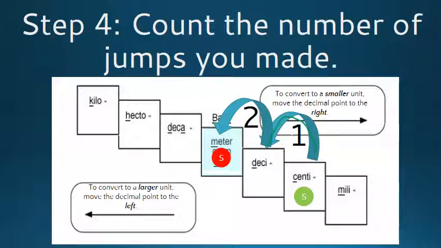So we're going to move the decimal place one position, and then a second position, because we went from the start right here to the stop right here. So that was 2 jumps to our base unit. Because we went this direction, which is kind of like to the left, that means we're going to move our decimal point to the left as well.